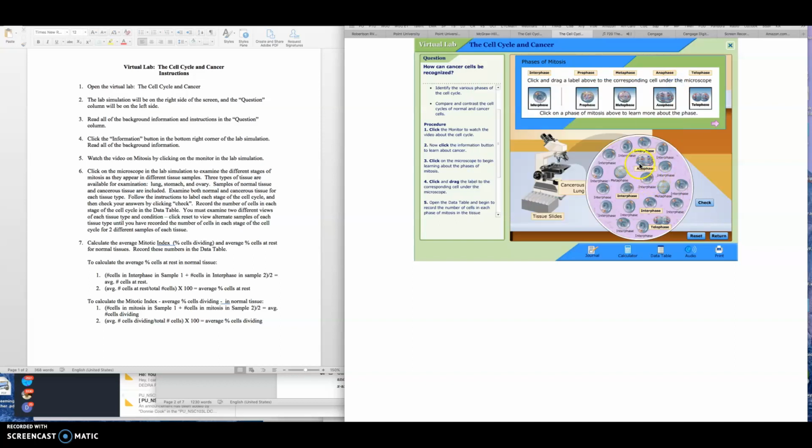Let's look for prophase. I don't see any prophase, but we've got metaphase.